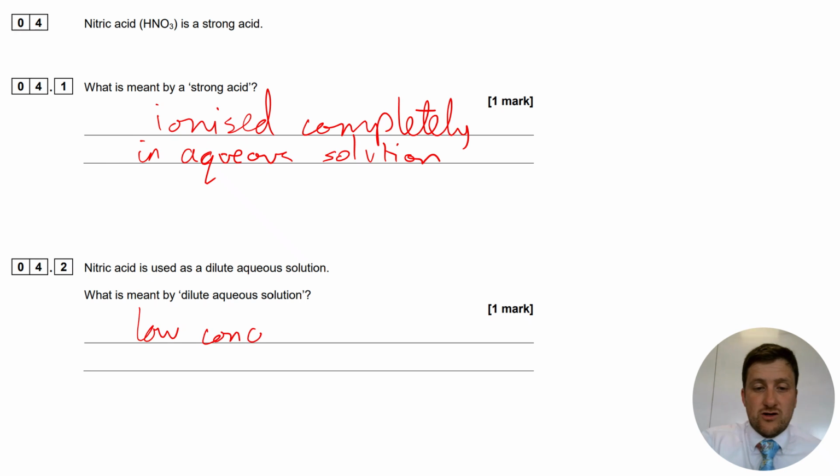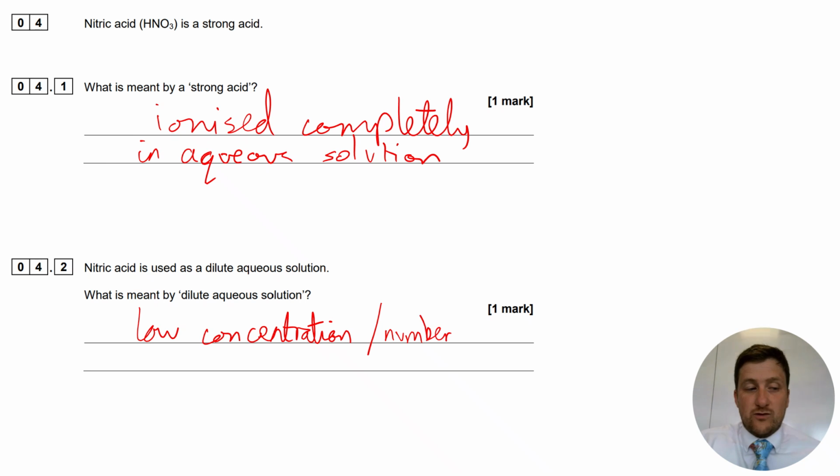So what is dilute? Well, it's a low concentration. Now, I'm not a big fan of using concentration in essentially defining concentration, but a low concentration does mean dilute. So I sometimes say number or amount of acid, because it is a low concentration of acid. And the aqueous solution bit, this is the other aspect of it.